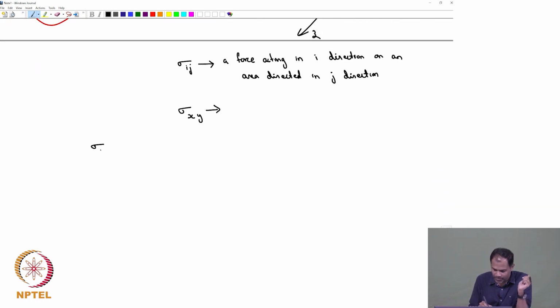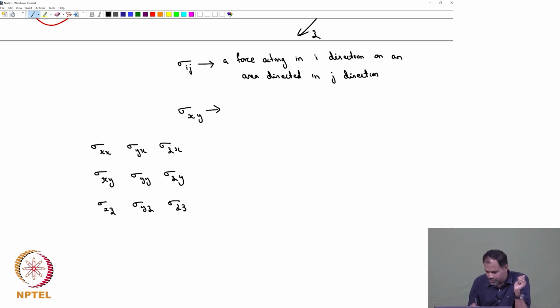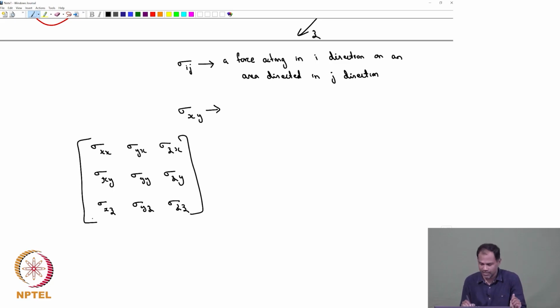So, you will have a sigma xx, sigma yx, sigma zx, sigma xy, sigma yy, sigma zy, sigma xz, sigma yz, sigma zz. There will be 9 components of the stress and it is often conveniently represented as a matrix, and that can be simplified, or that basically constitutes 2 parts.